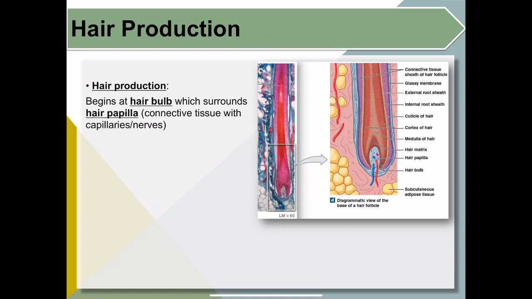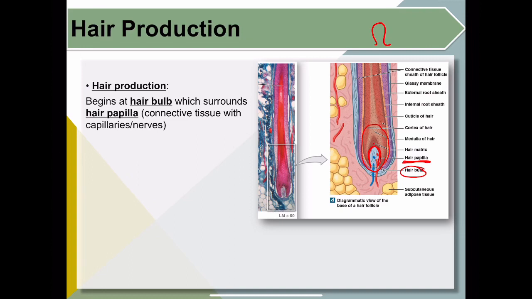So within the hair follicle, hair production begins at the hair bulb around what's called the hair papilla. Okay, so this is the hair bulb right there. And then you have your hair papilla, which is this region right here. Remember I said papilla always kind of deals with this curvature, finger-like looking thing. Okay, so that's why this is also called hair papilla.